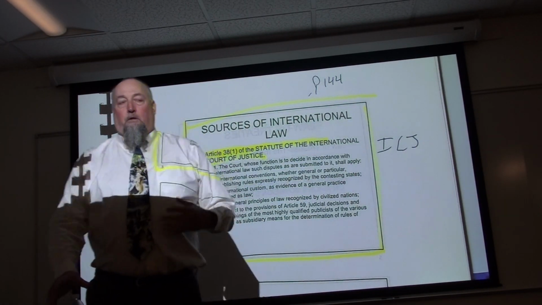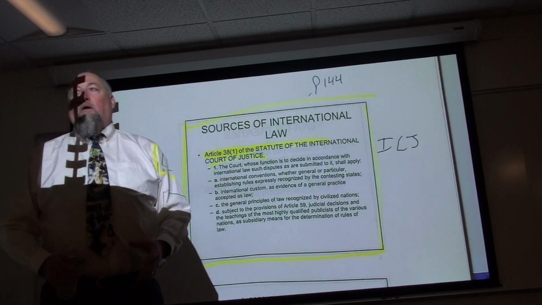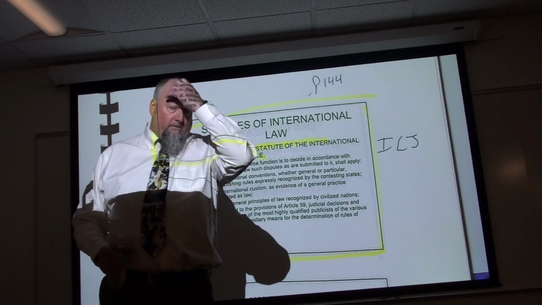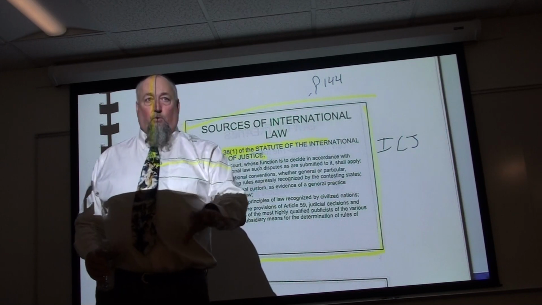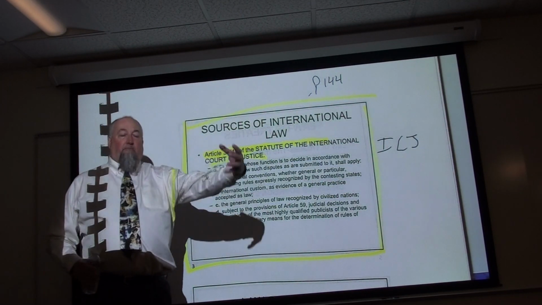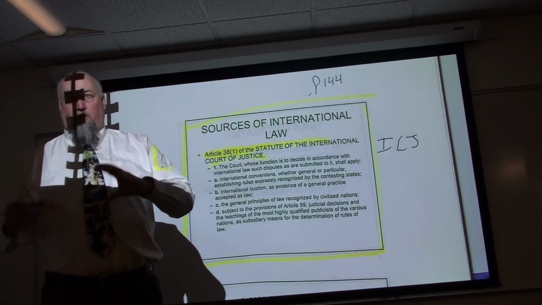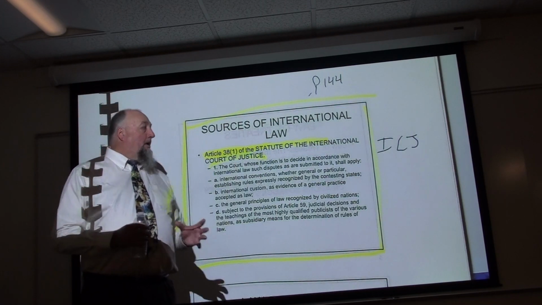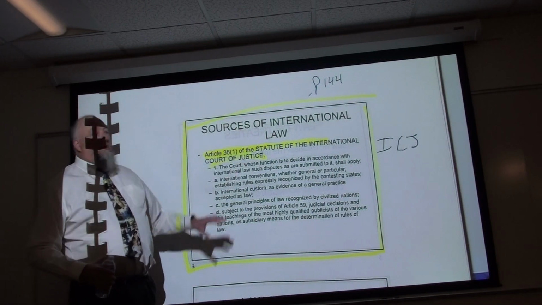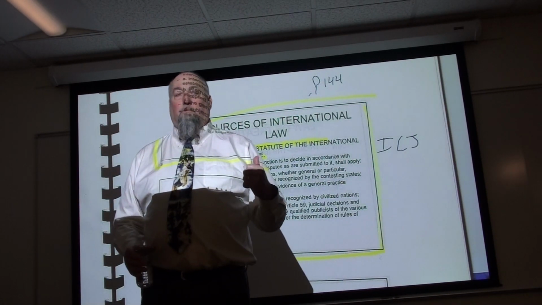But for today, I want you to take away a couple different things. Number one, the International Court of Justice is the judicial branch of the United Nations. And the reason this is important is that as part of the creation of the United Nations, the United Nations Charter, and any countries that joined on later, as part of becoming part of the UN, countries have to agree to follow the decisions of the International Court of Justice.